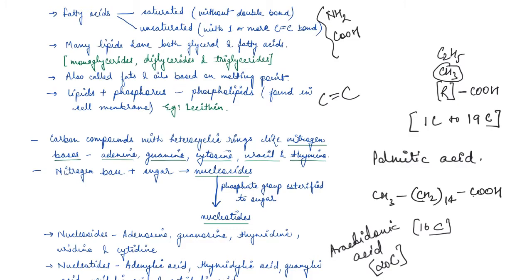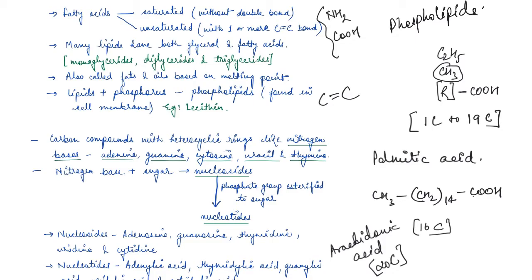And that is why oils remain as oil in winter, right? While fats have higher melting point. So basically, some lipids have phosphorus and phosphorylated organic compounds in them as well, and these are known as phospholipids.